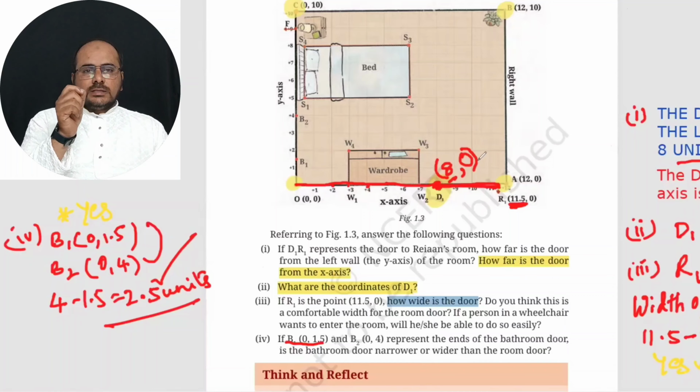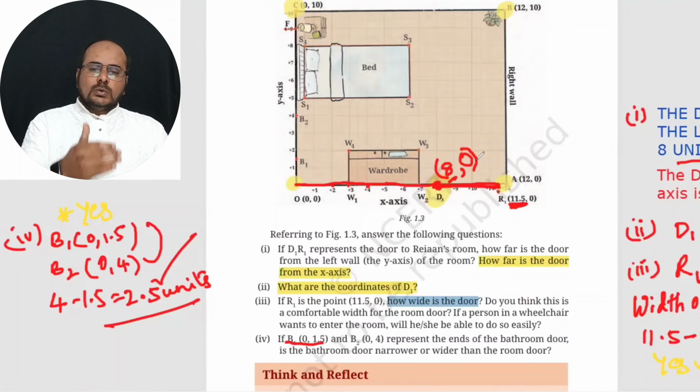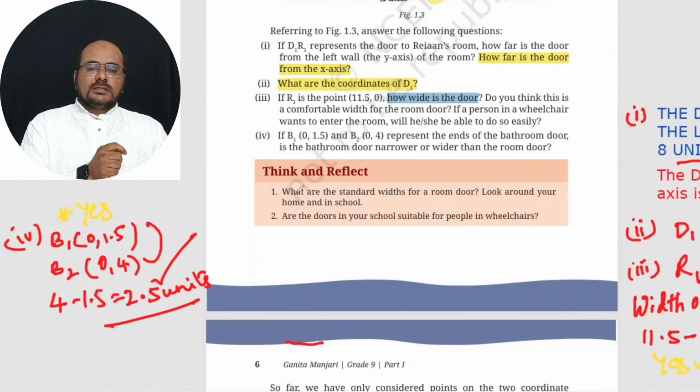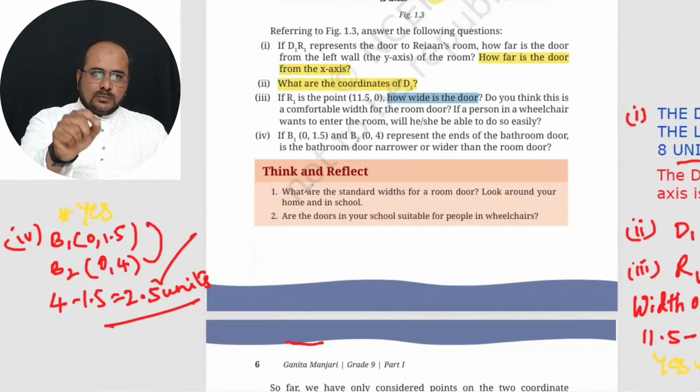So this is exercise set 1.1, and we shall go for exercise 1.2 in the next video. In Think and Reflect, it is asked: what are the standard widths for a room door? What are the proper width and height? I already explained that in this video.